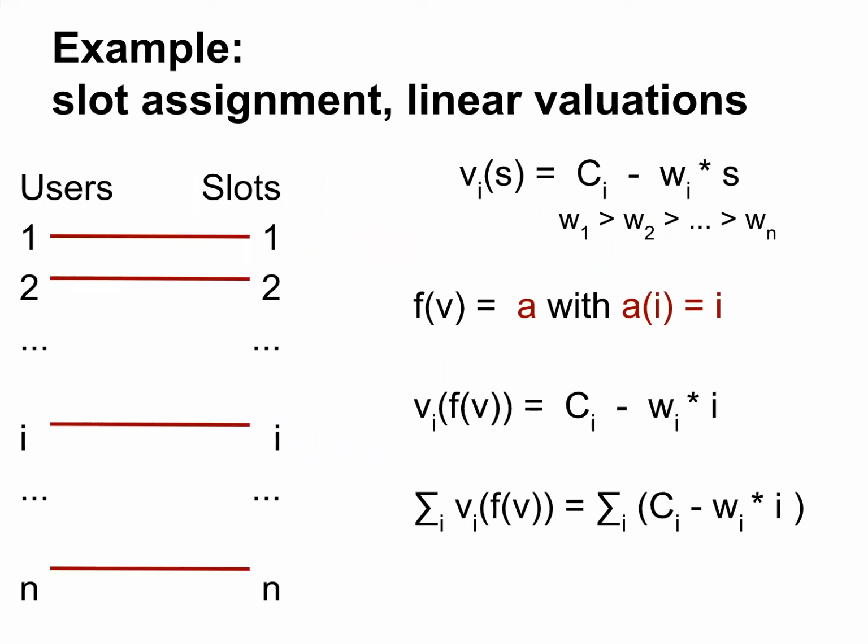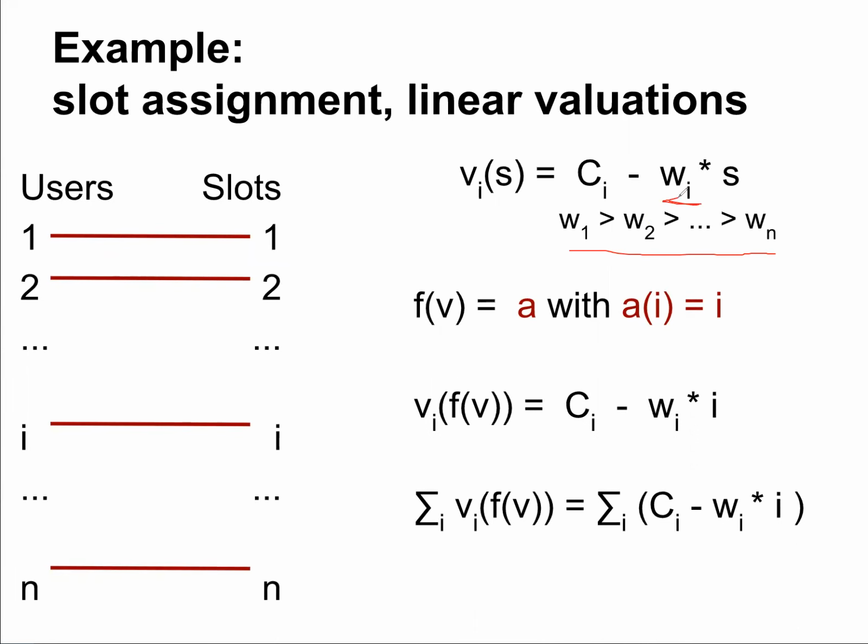Okay, so our running example, let's see how this Clarke pivot rule works in this case with the slot allocation. Again, just to remind you, or if you watch the video from this point, we have n users and slots, and the users are ordered with respect to their impatience.